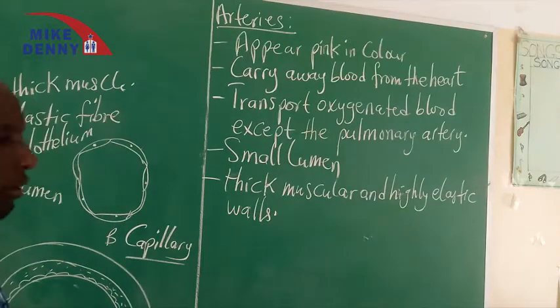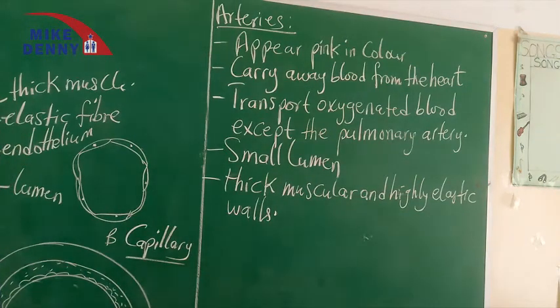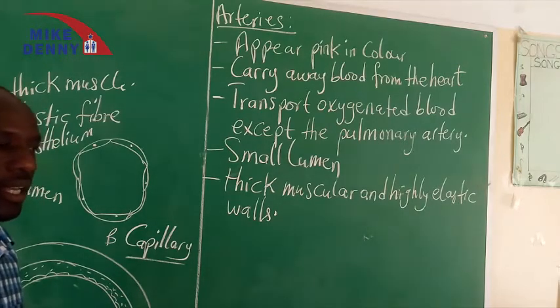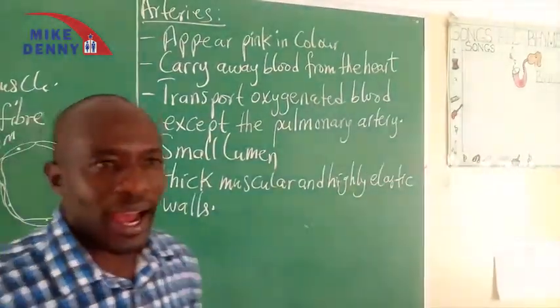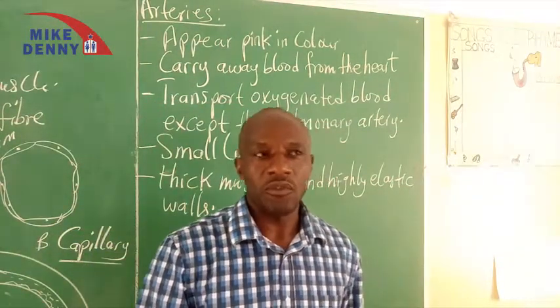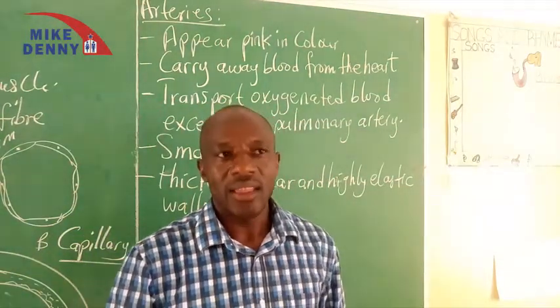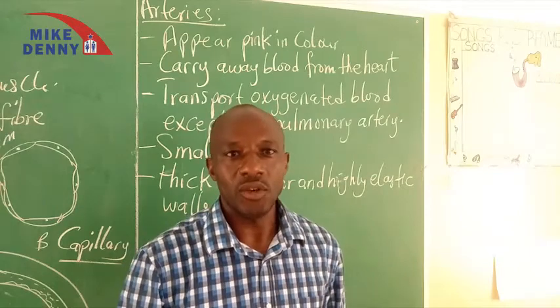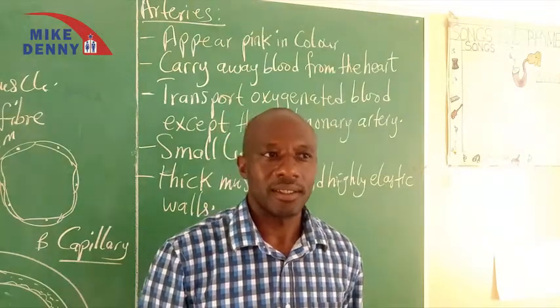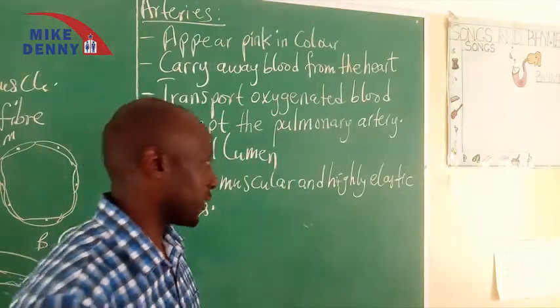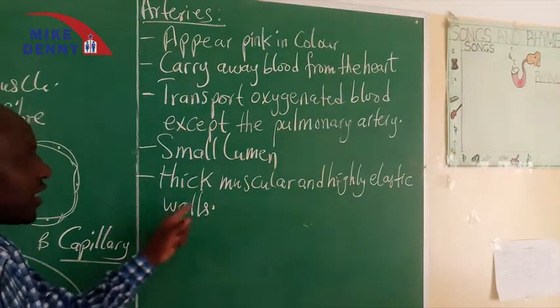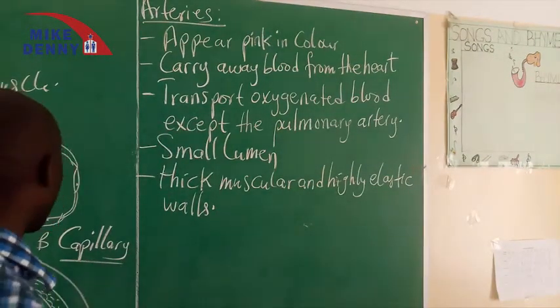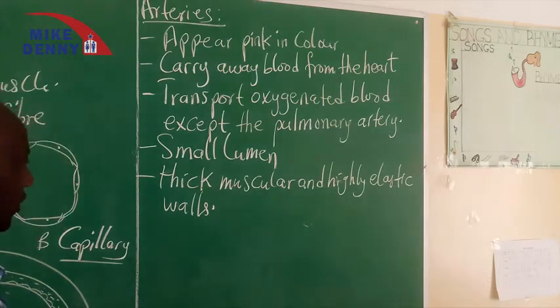Question: why are the walls of arteries thick? Why are the walls of arteries thicker than those of veins? Not the question, but at the end we'll answer. So we say an artery is having thick muscular and highly elastic walls.